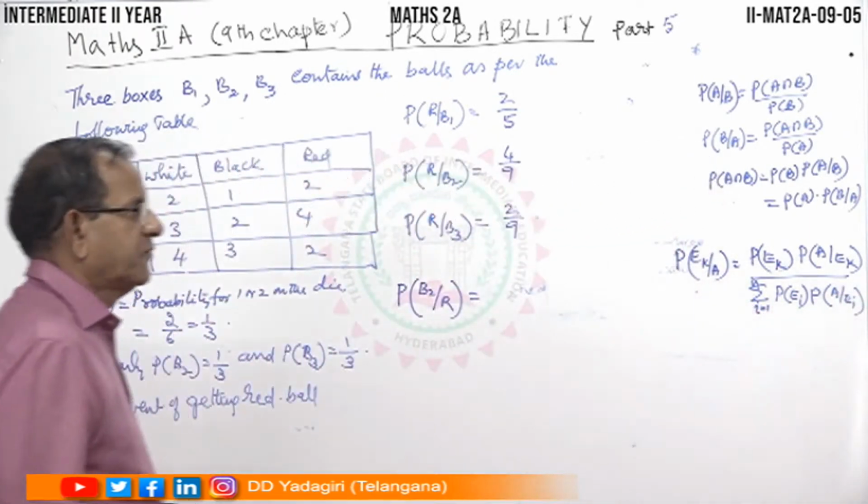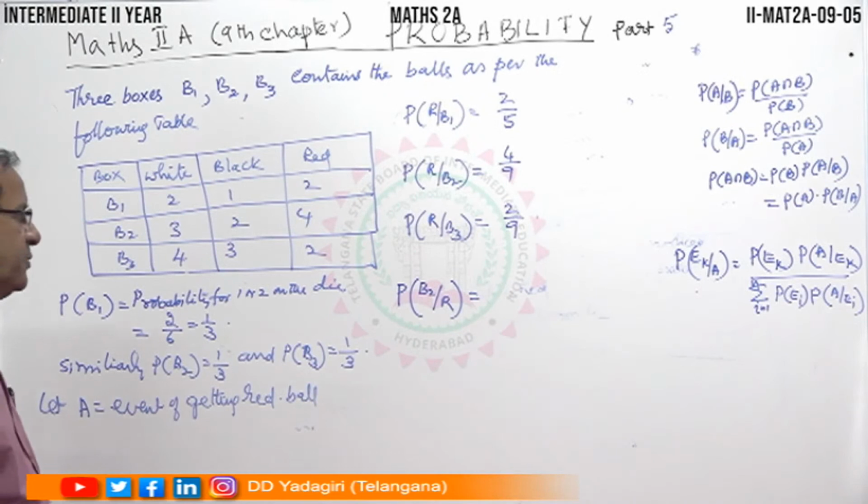That is the formula for Ek by A. Use that formula for B2 by R.